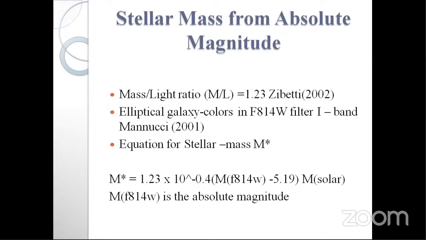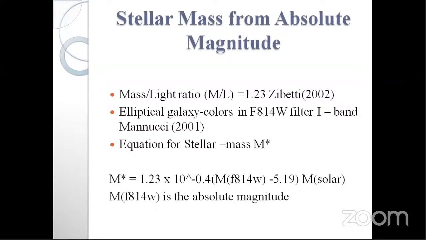This mass to light ratio value was taken from the following paper, 1.23, and applied, and it is specific to the system used, that is elliptical, the type of galaxies used, and for the specific filter.